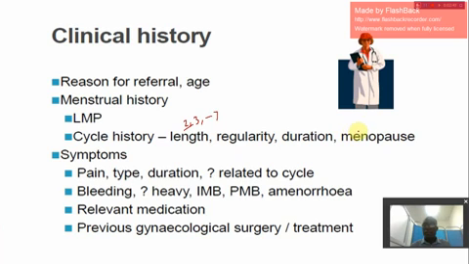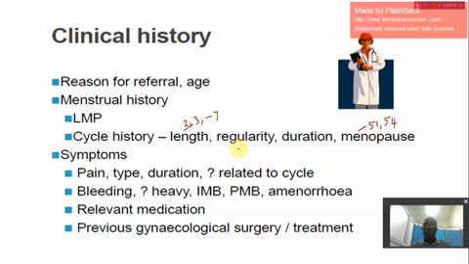And is the person not menstruating again, as the person hits her menopause, say from 51, 52 years, or 54 years old?